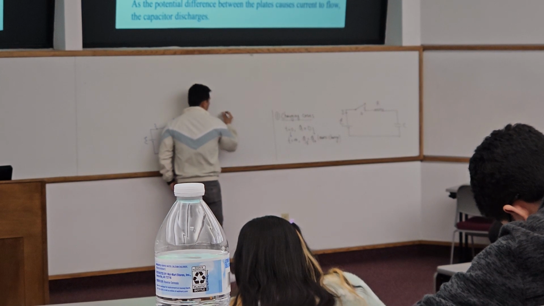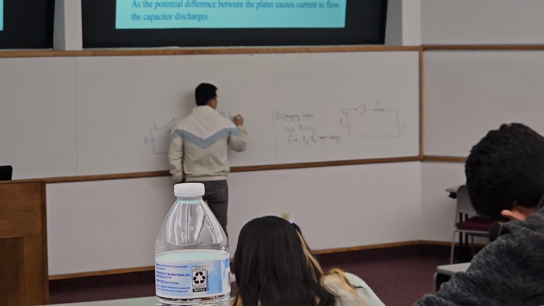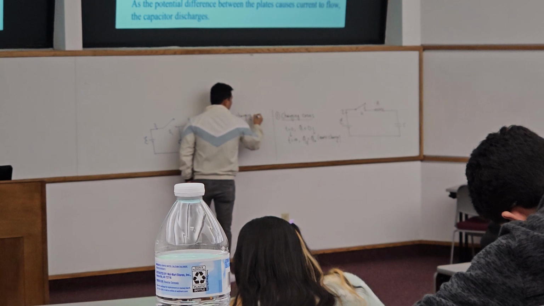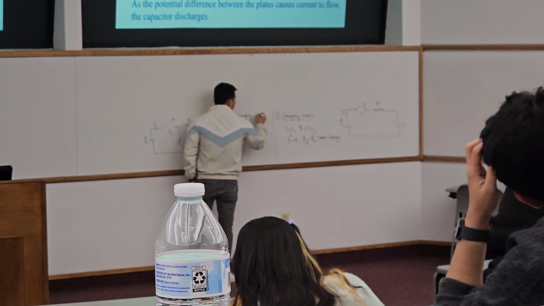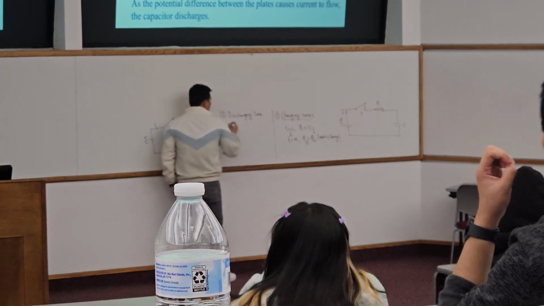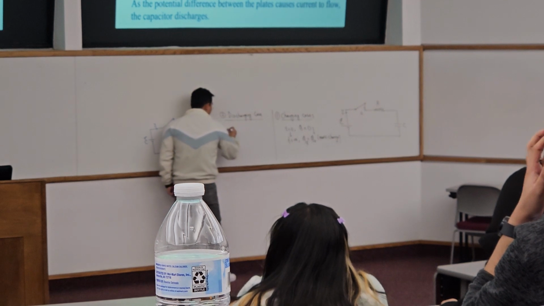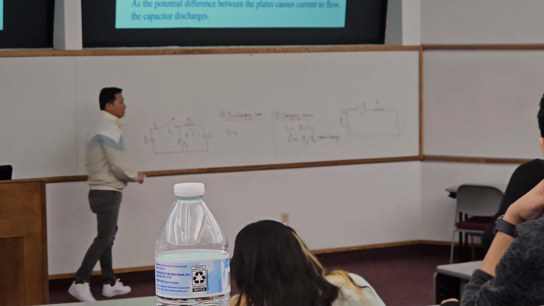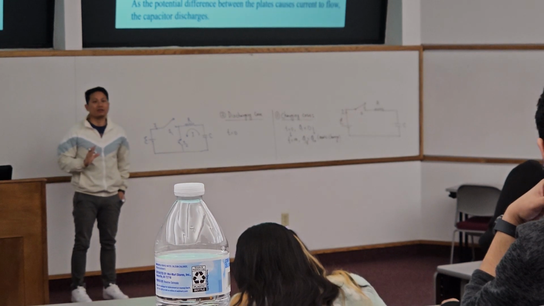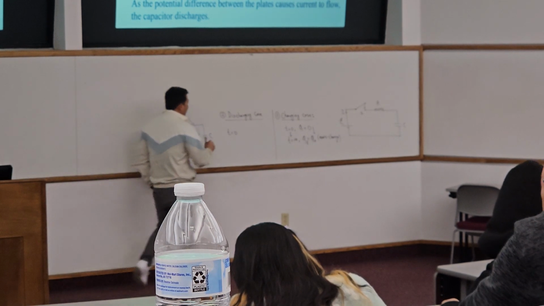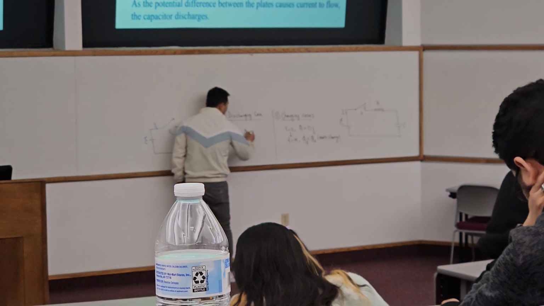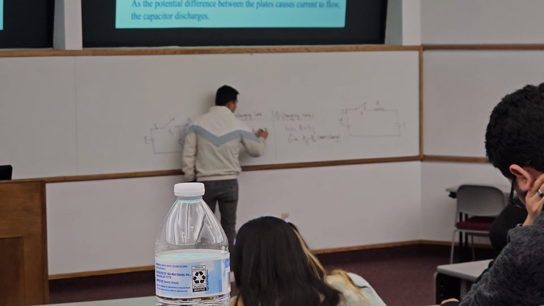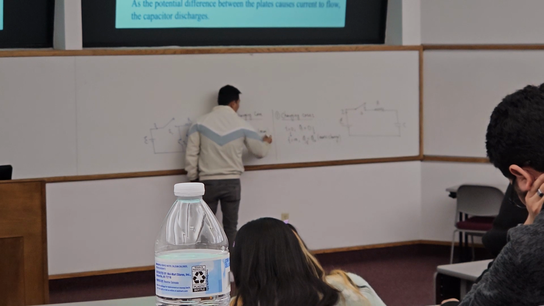Number 2, the discharging case of the RC circuit. Over here, at time t equal to 0, your capacitor is fully charged, so Q is the maximum charge, Q0.